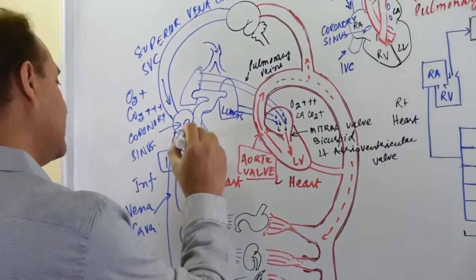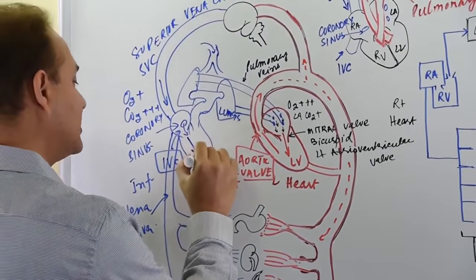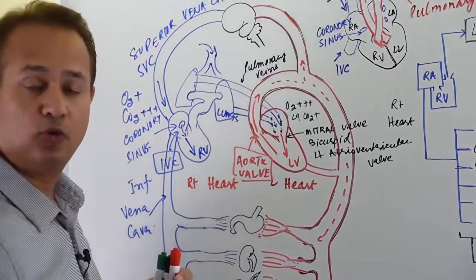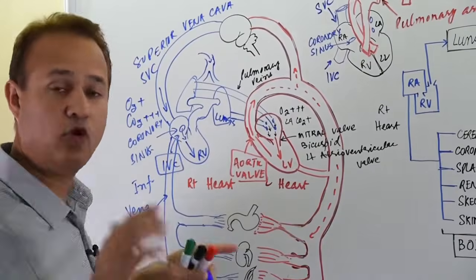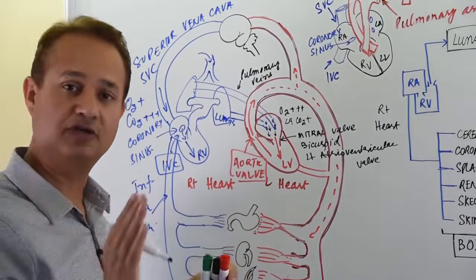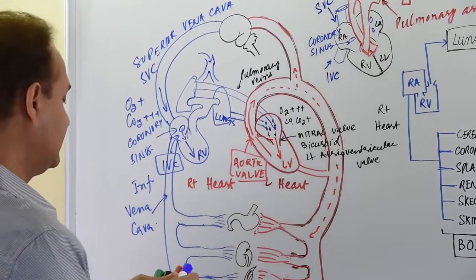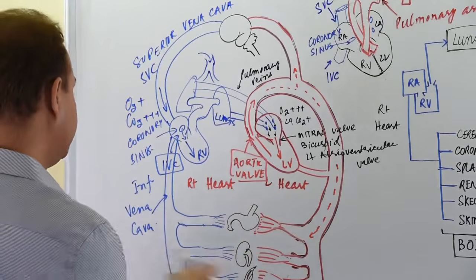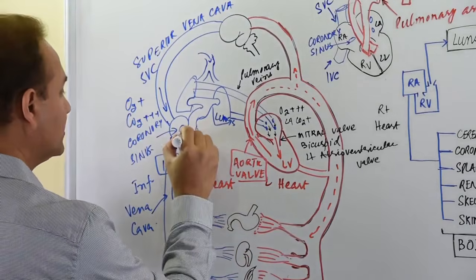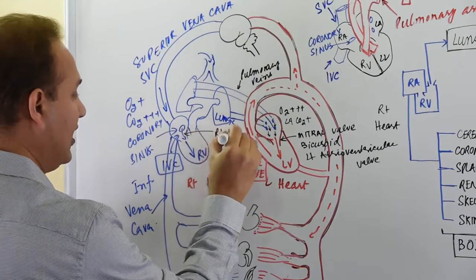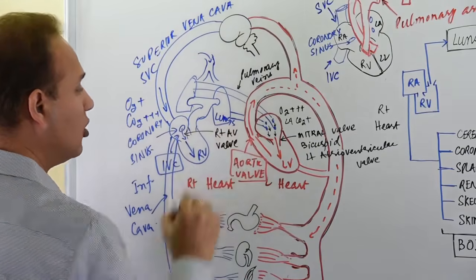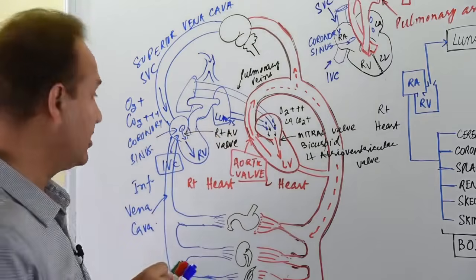That deoxygenated blood then falls into the right ventricle, through what valve? This will be the tricuspid valve or right atrioventricular valve. So this valve here is the right AV valve, also called the tricuspid valve.